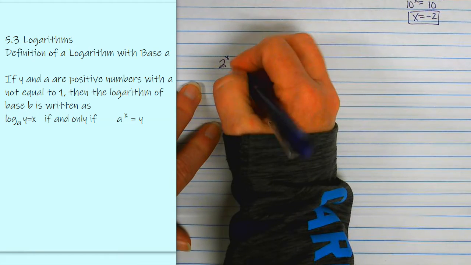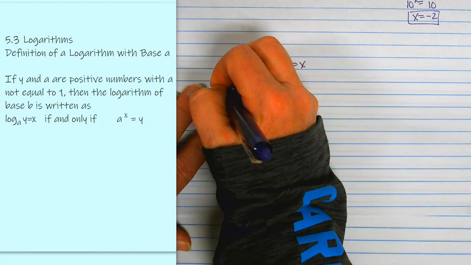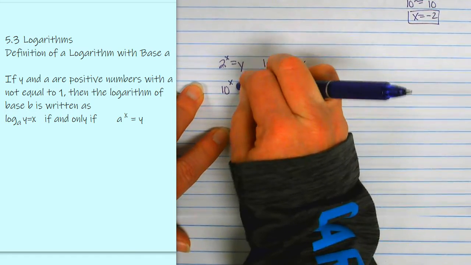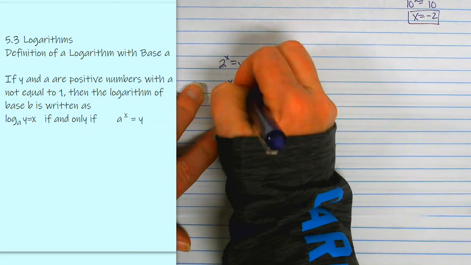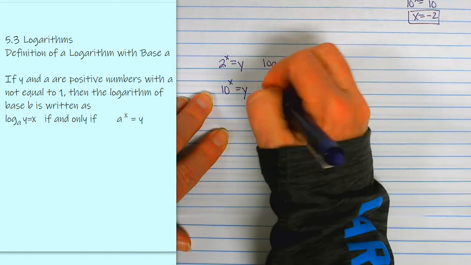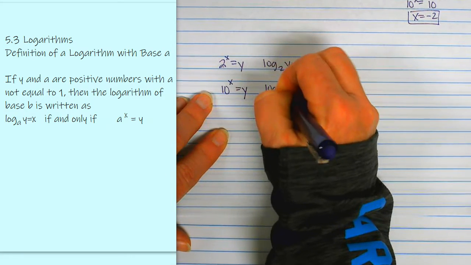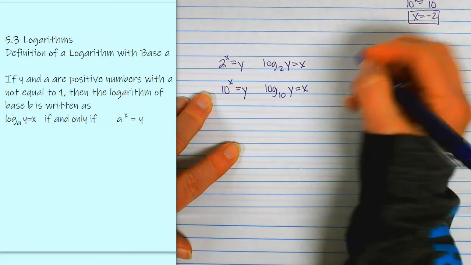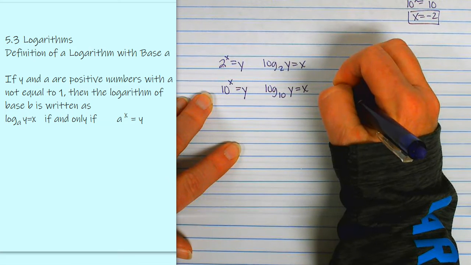One of the common bases, though, is 10. So if we said 10 to the x equals y, then that common base can be written as log base 10 of y equals x. But if you look on your calculator, there's no 10 there.